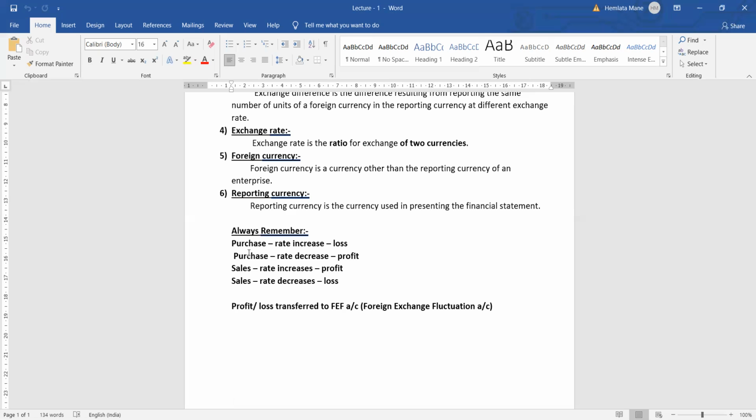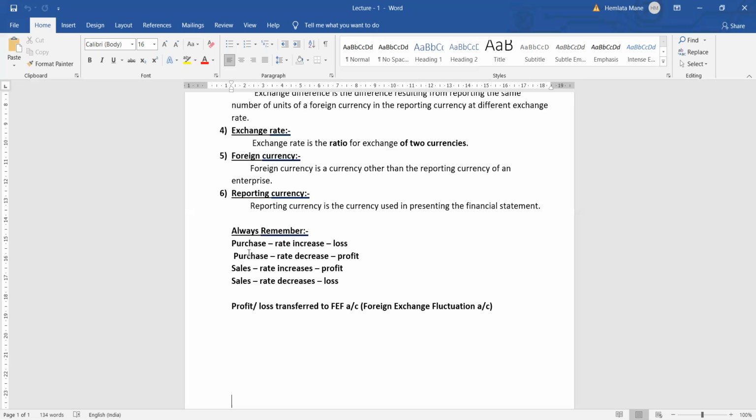Why? Because you need to pay extra money to the foreign country. Second, at the time of purchase, the rate decreases. It means you need to pay less money to the foreign country, so it is a profit to you.